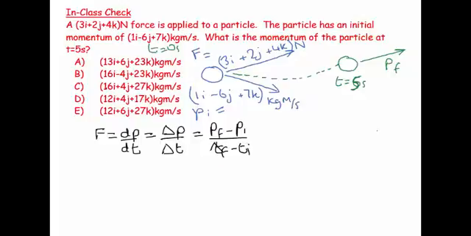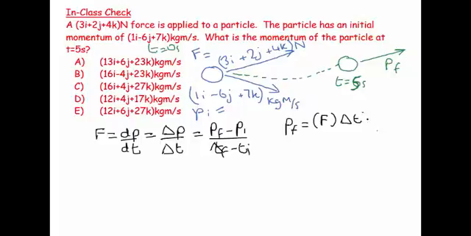And so I look and I say, can I put numbers in this? Oh no, let's rearrange. I've got ijk, so I like to rearrange completely with ijk. So let's have a look. I want to find p final. So I'm going to say, okay, p final is equal to F times the change in time.